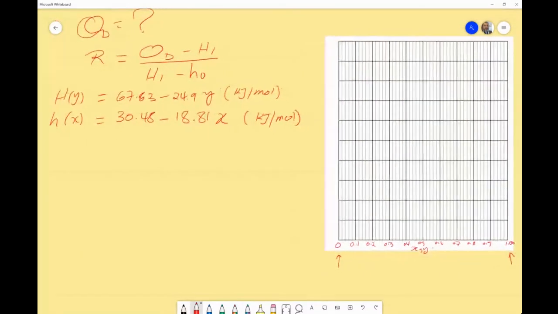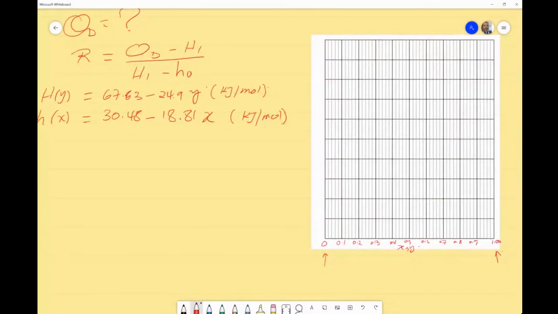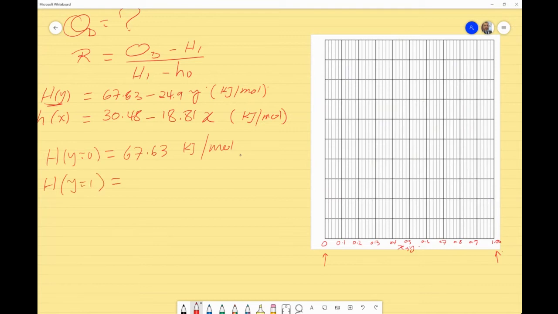So now I can say H capital, to start with the big number here. So H at Y equal to 0 is equal to what here? 67.63. And H, of course, at Y equal to 1 is going to be what? 67.63 minus 24.9. How much is going to be the value?